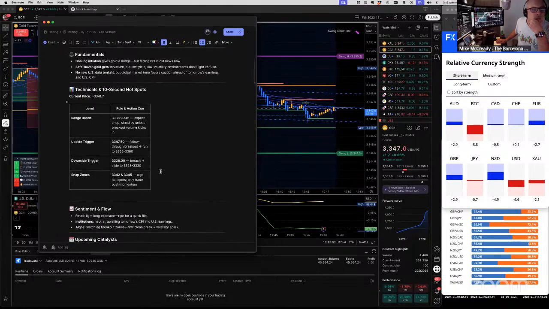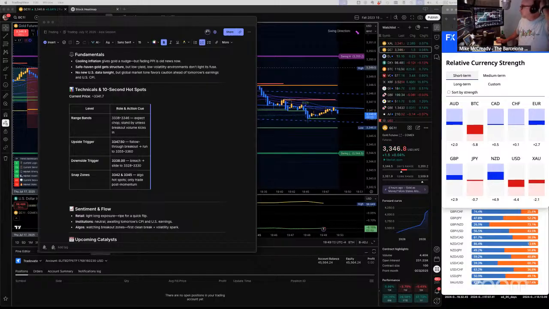Okay, so range is from 38 to 46. Where are we now? We're at 41. So it says above 47.50, follow through breakout if it has momentum can go up to 33.55 or 60. That looks like up to the DPP, or possibly up to the Sunday open, which is around the WM3. Downside 33.38.